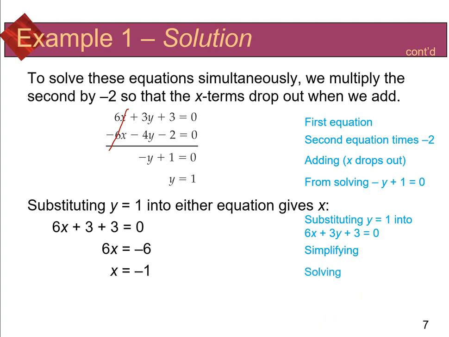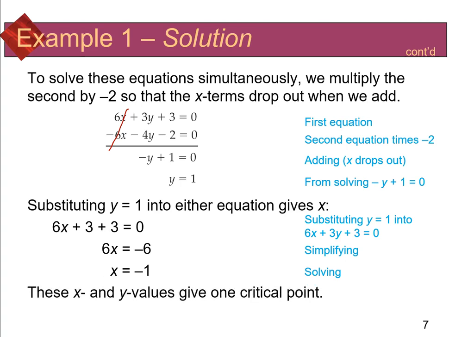So basically, I'm looking for an xy pairing that's going to make both equations equal to 0 at the same time. Now, this is a potential critical point. It's still potential at this point because we don't really consider a saddle point a critical point. So (-1, 1) is the coordinates for a potential critical point.